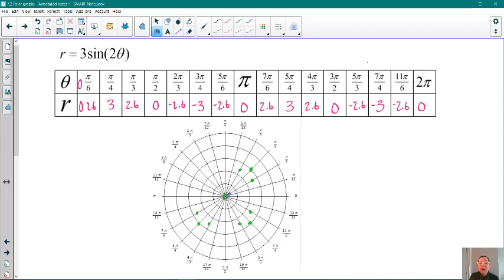And then 5 pi over 3, negative 2.6, that sends us the opposite direction towards 2 pi over 3, 1, 2.6. Towards 7 pi over 4, nope, it's negative, opposite direction, 3 pi over 4. And then 11 pi over 6, nope, opposite direction, 5 pi over 6, which is 2.6 out from the pole, and then back to 0.